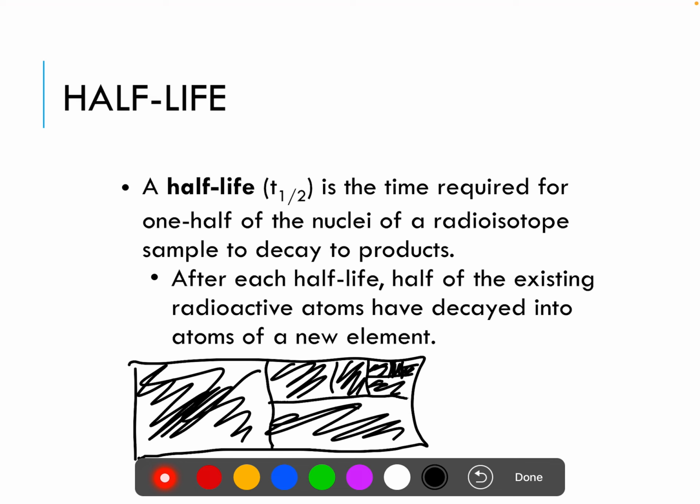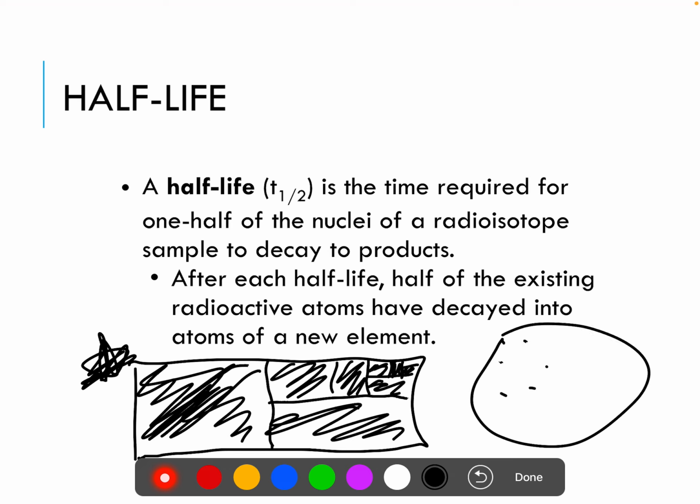But here's the thing. First of all, it doesn't look like this. If you have a rock and it's decaying, giving off radiation, it's not like the left side of the rock decays. It's uniform, right? It's more like half of the particles decay, and then the next time half of those particles decay, and so on.